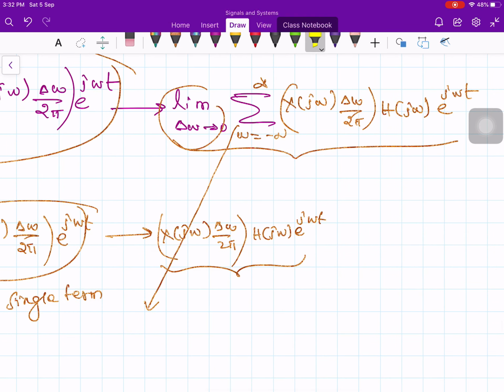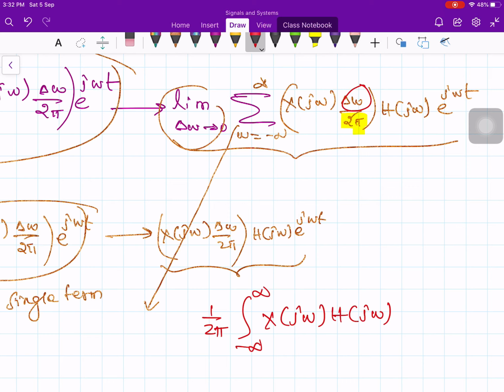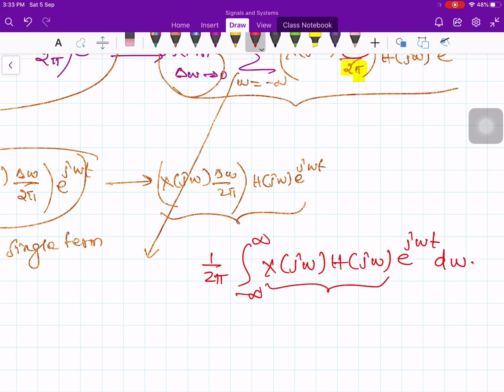You can pull out of the summation 1 over 2 pi, summation is replaced by integration minus infinity to plus infinity, x of j omega, then h of j omega, this delta omega becomes d omega, e to the j omega t and d omega. And now this whole thing x of j omega multiplied by h of j omega, this we will give a new name called y of j omega.